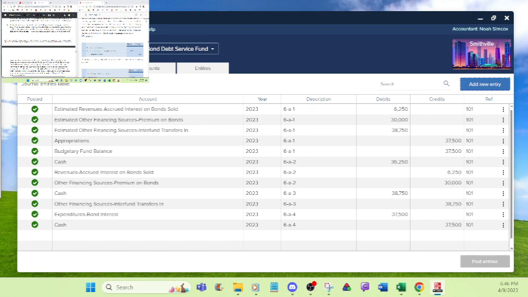Be sure that for each account being closed, the checkmark for closing entries for the governmental activities, the government-wide level, will be checked. Please make closing entries: appropriations, estimated revenues, budgetary fund balance. I mean, it's just easy stuff.